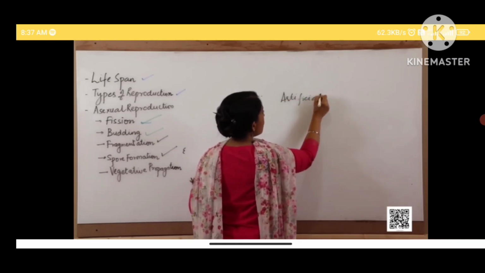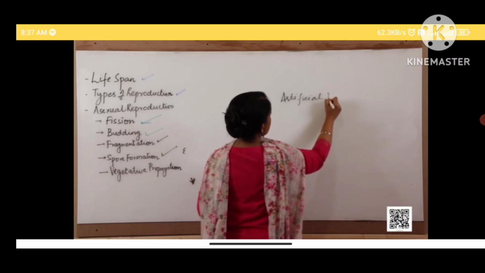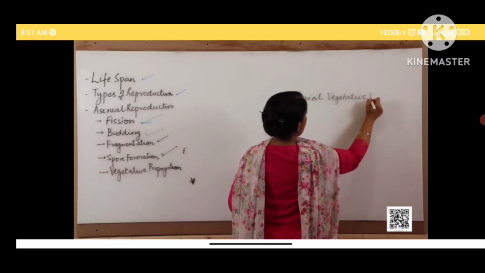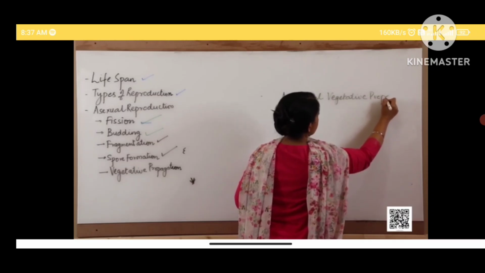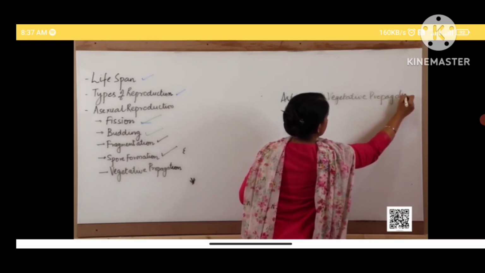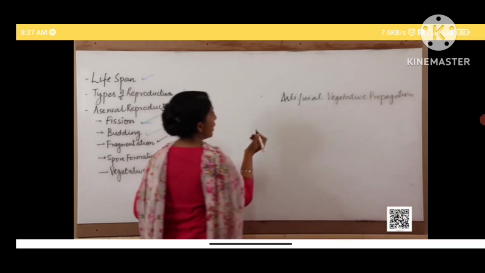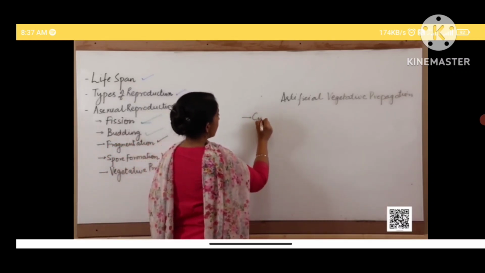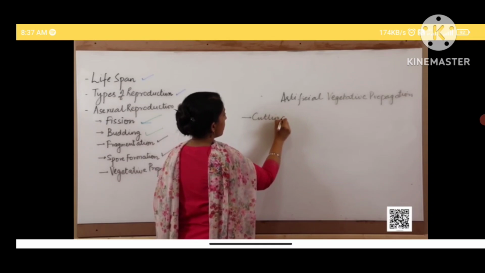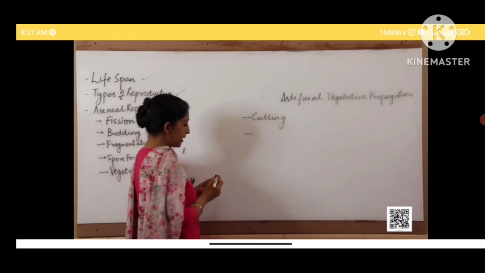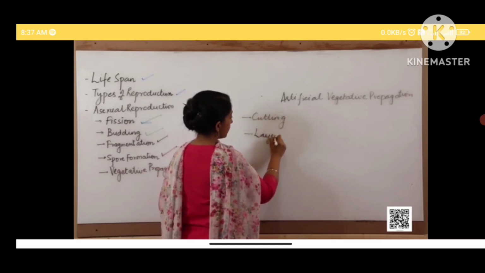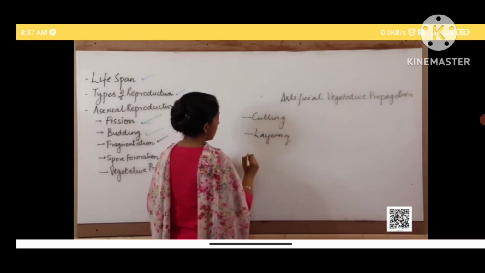So artificial vegetative propagation. We'll be discussing three types. One is cutting. Second, we'll be discussing layering. And third, we'll be discussing grafting.